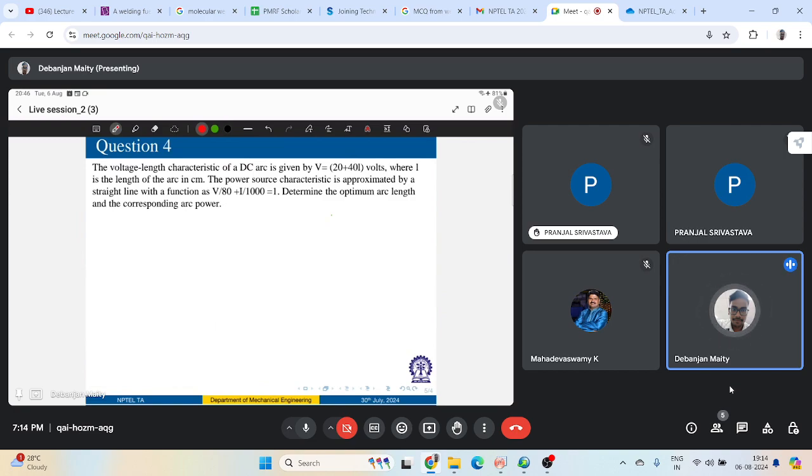The voltage reduces up to a current. So it looks something like this. If this is my current and this is my voltage, it looks something like this. So your voltage will initially drop down and then again start to increase with increase in current.